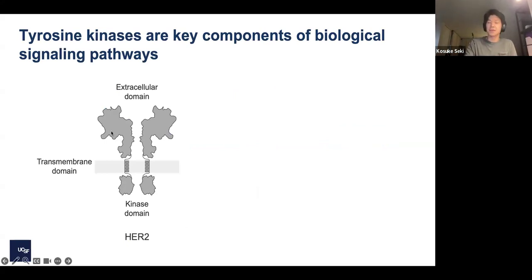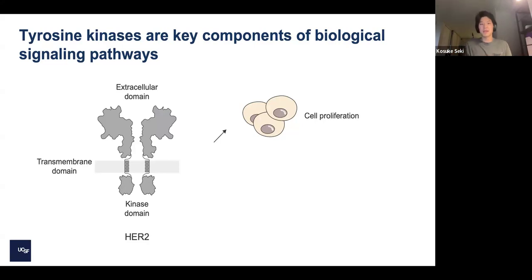You can see that it has three domains: this extracellular domain, which is on the surface of a cell, this transmembrane domain, which is within the membrane, and then this kinase domain, which does a lot of the important signal processing that happens in the cell. Normally, this functions to maintain normal cellular functions such as cellular proliferation and cell growth.